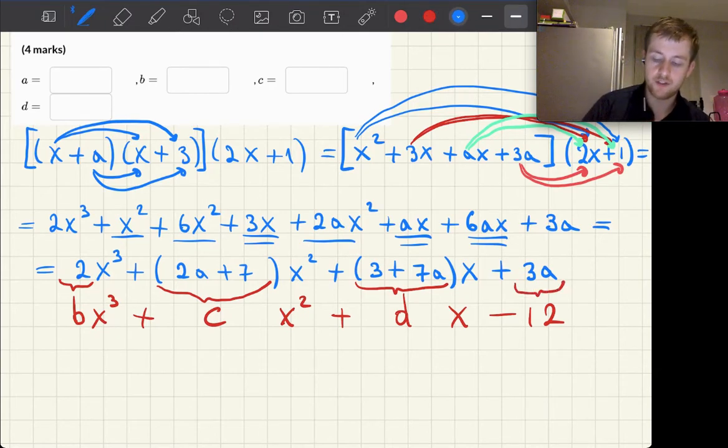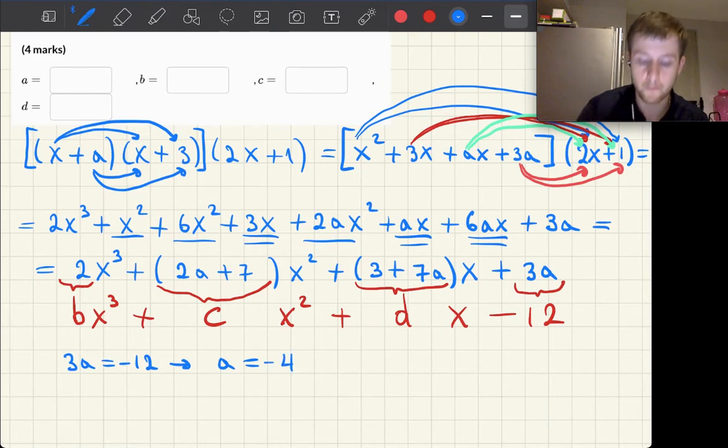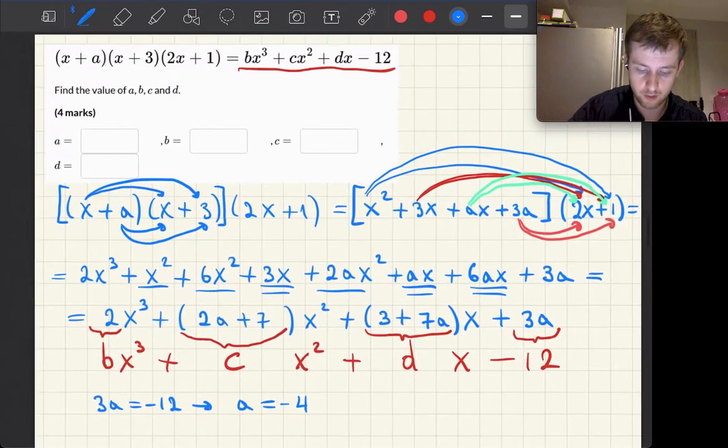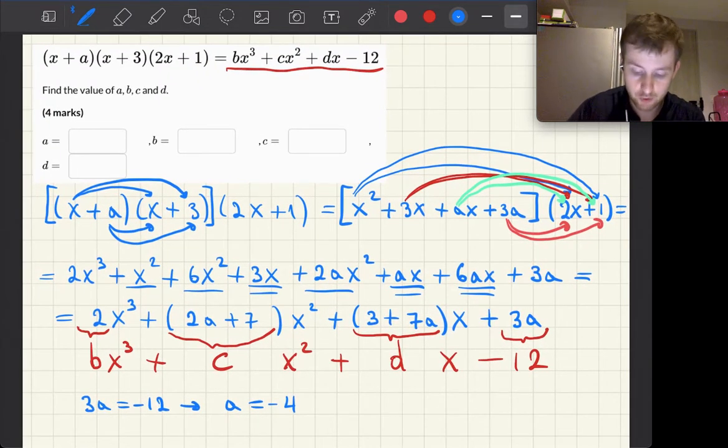So let's start with a. We know that 3a equals minus 12. It means that a is equal to minus 12 divided by 3, so a equals minus 4.